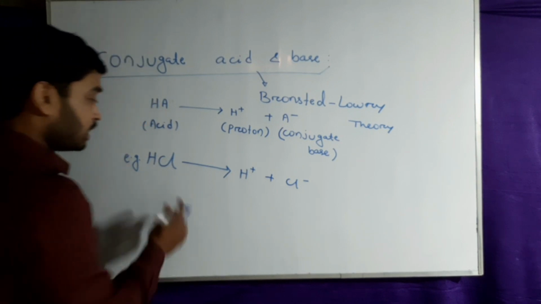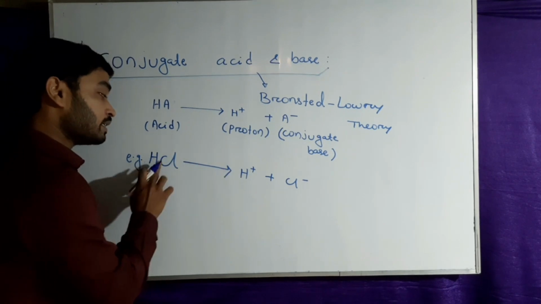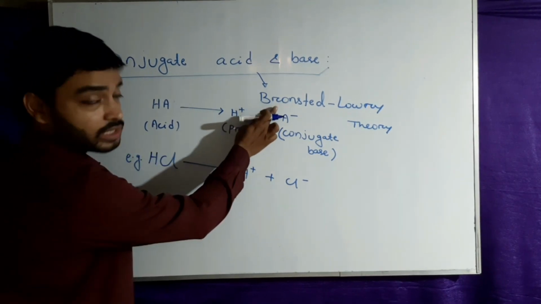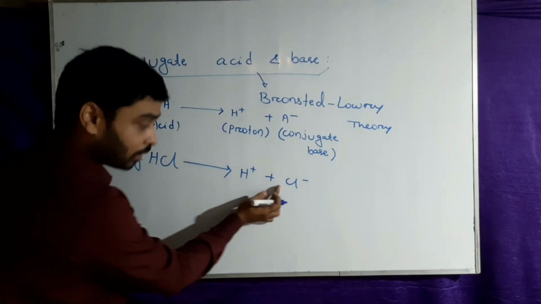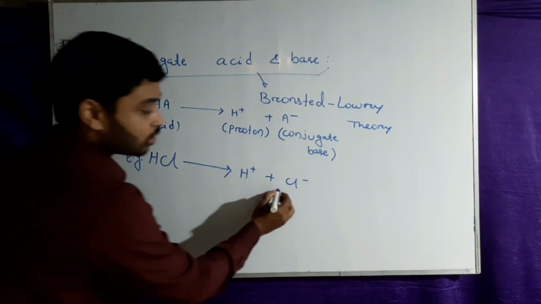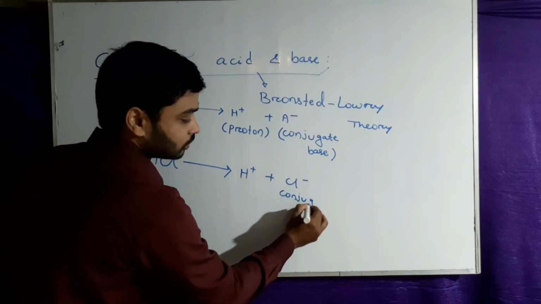Due to release of H plus ion, it is an acid according to Bronsted-Lowry theory, and the residual part after removal of the H plus ion will be called the conjugate base.